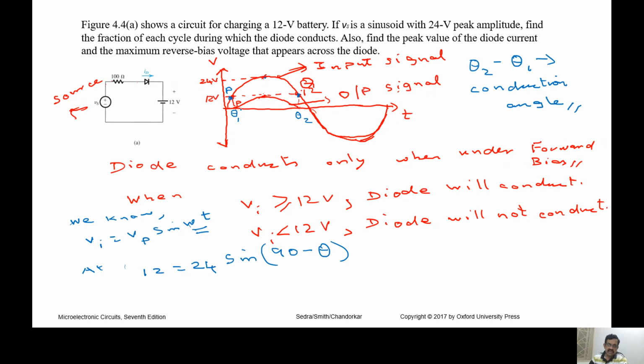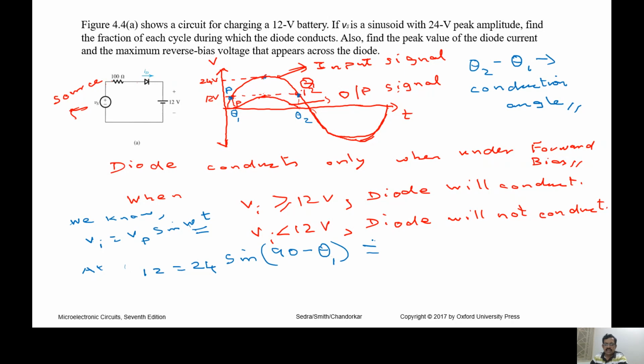Because this is at theta 1, the phase angle, and 90 is here, so 90 minus theta 1 will be this part.